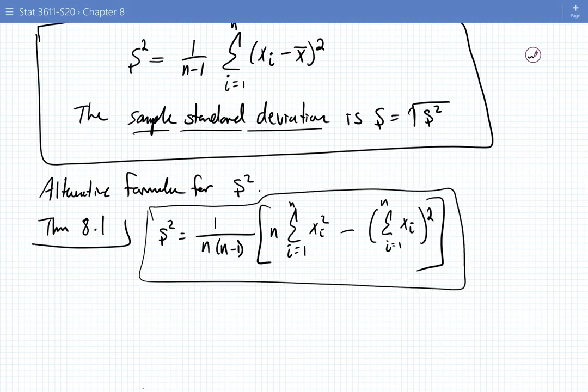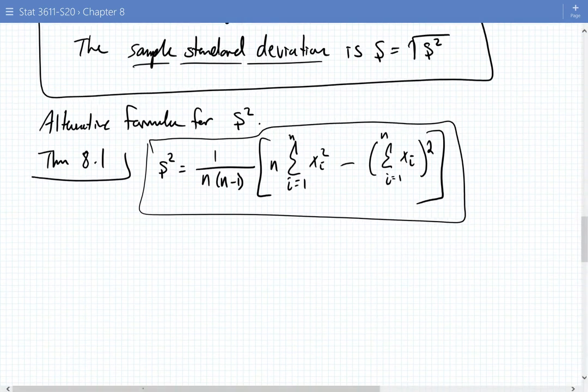And again, look at the similarities here between the alternative formulation for the variance of a random variable. It is very similar.